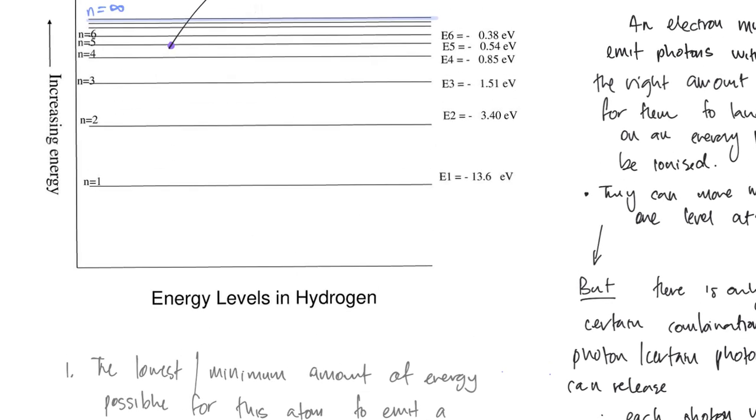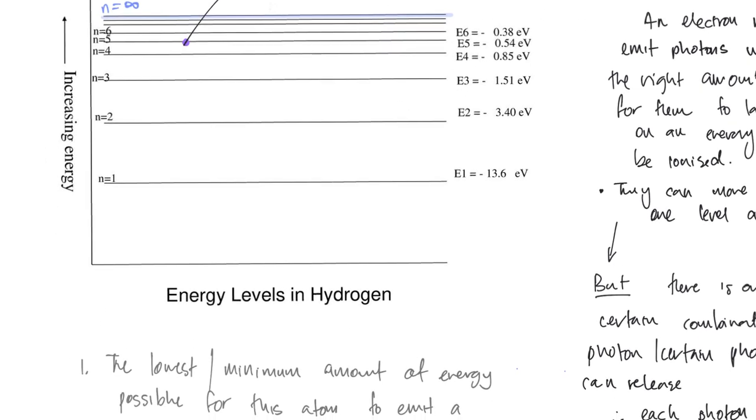Now if I look at all of these levels, I've got to minus them. So if I go from N2 to N3, then that doesn't give me 0.3. So what I'm looking at is, if I go from N5 to N4, let's have a look at what that's going to look like.